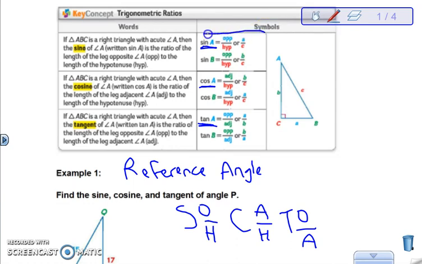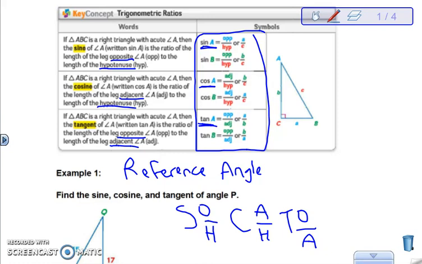That's what we have in this table here. The sine of the angle is equal to the opposite leg over the hypotenuse. The cosine of the angle is equal to the adjacent leg over the hypotenuse. And then the tangent of the given angle is equal to the opposite leg over the adjacent leg.